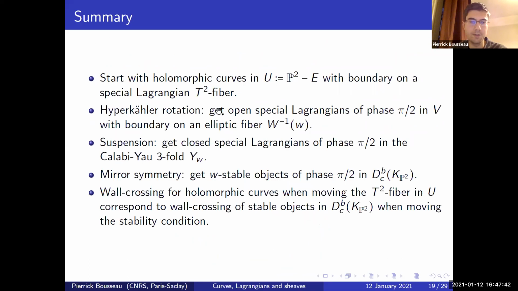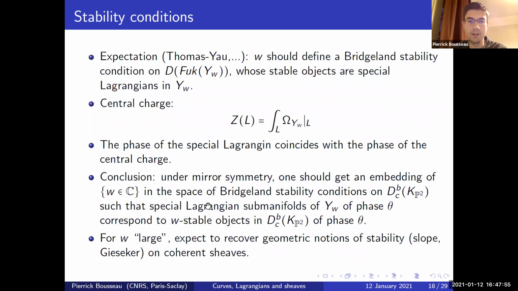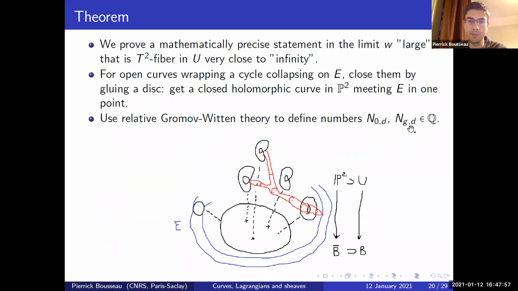And now if you believe the previous sequence of steps, N_{g,d} are a precise version of this count of holomorphic curves. And at the end of all these steps, we have some count of coherent sheaves. So if you believe all these steps, you should expect this number N_{g,d}, this relative Gromov-Witten invariant, to in fact be equal to some count of coherent sheaves.